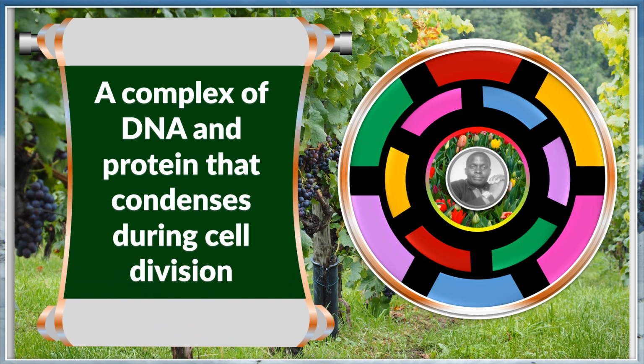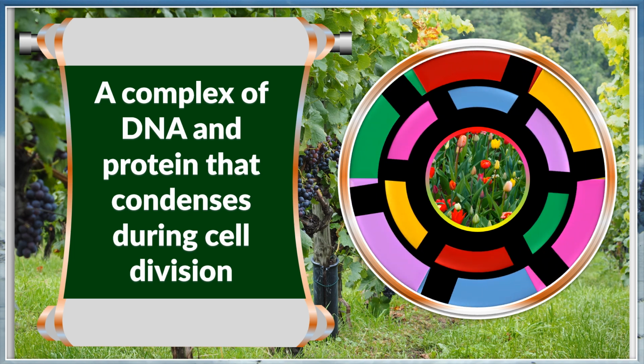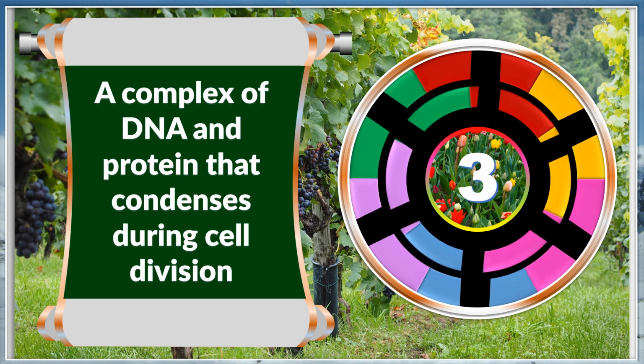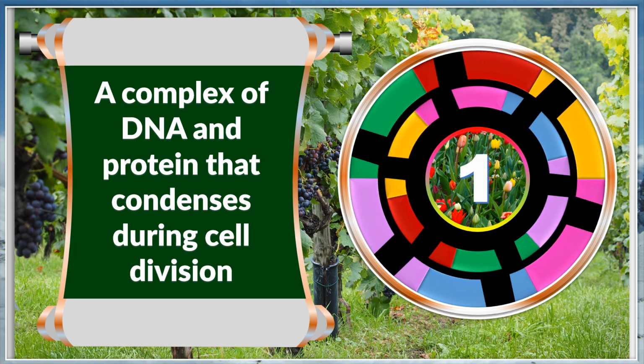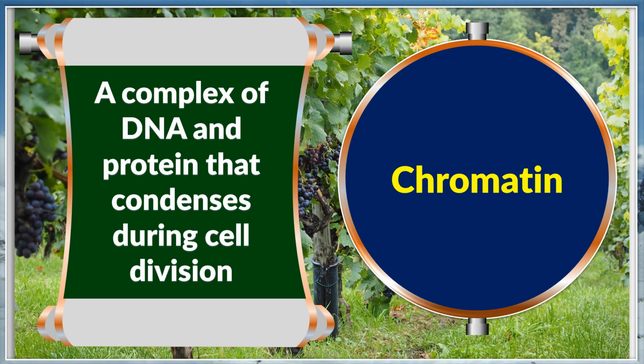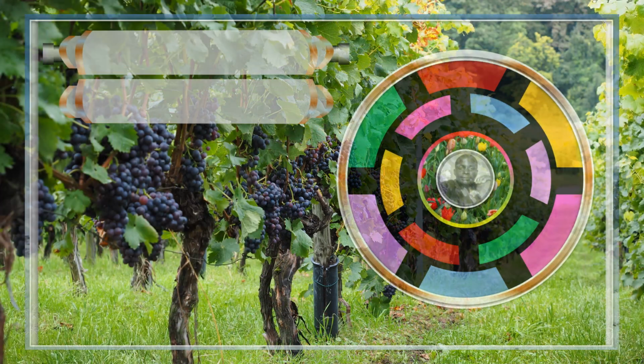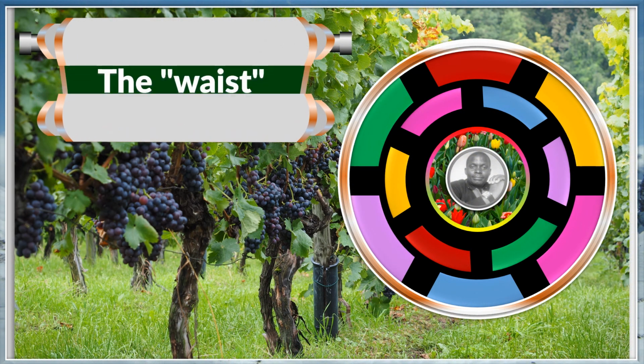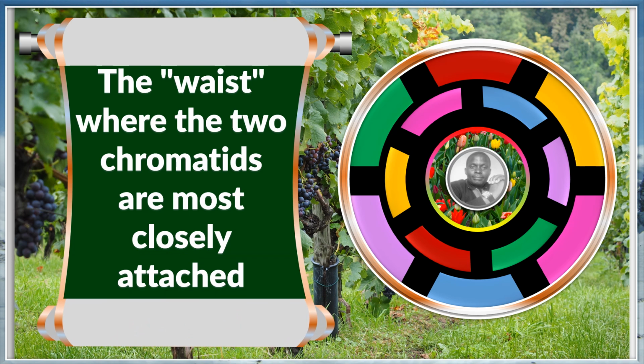A complex of DNA and protein that condenses during cell division. Chromatin. The waist where the two chromatids are most closely attached.